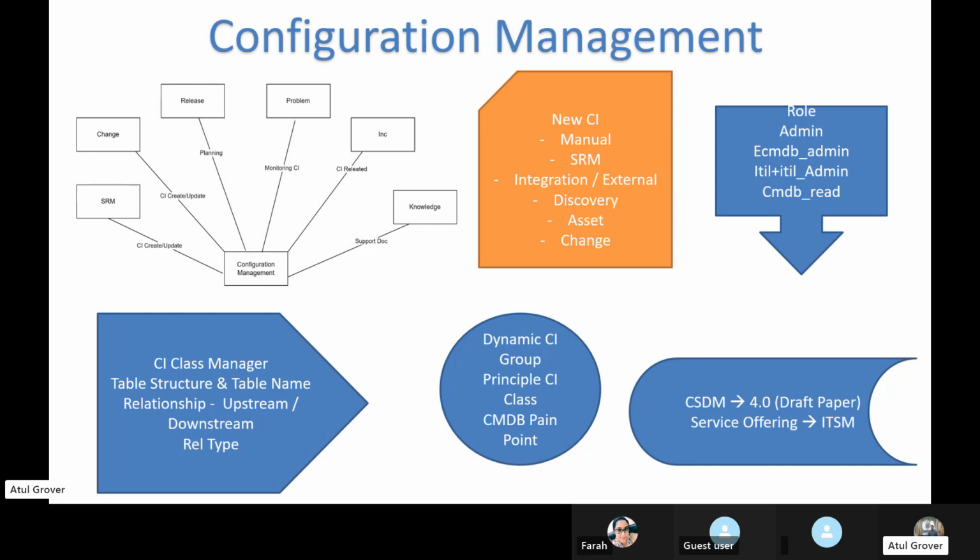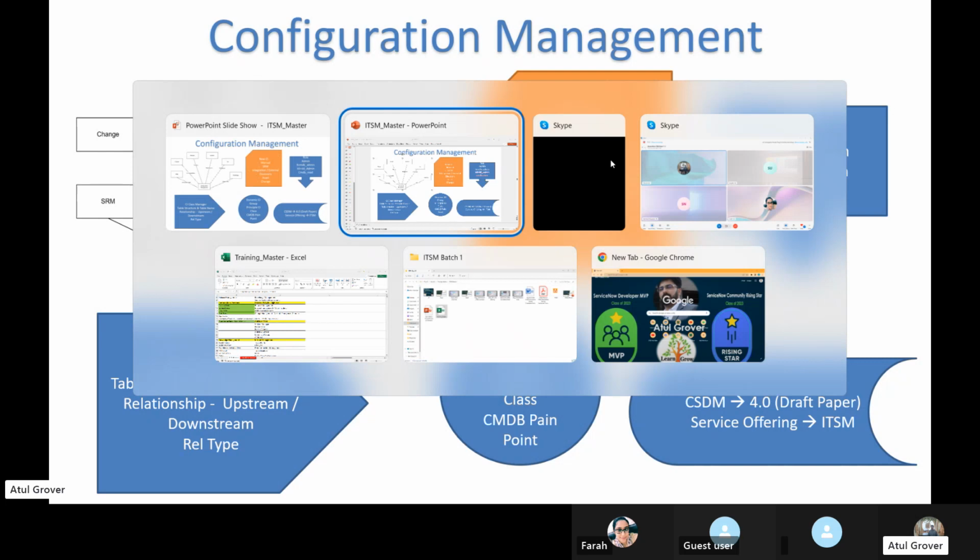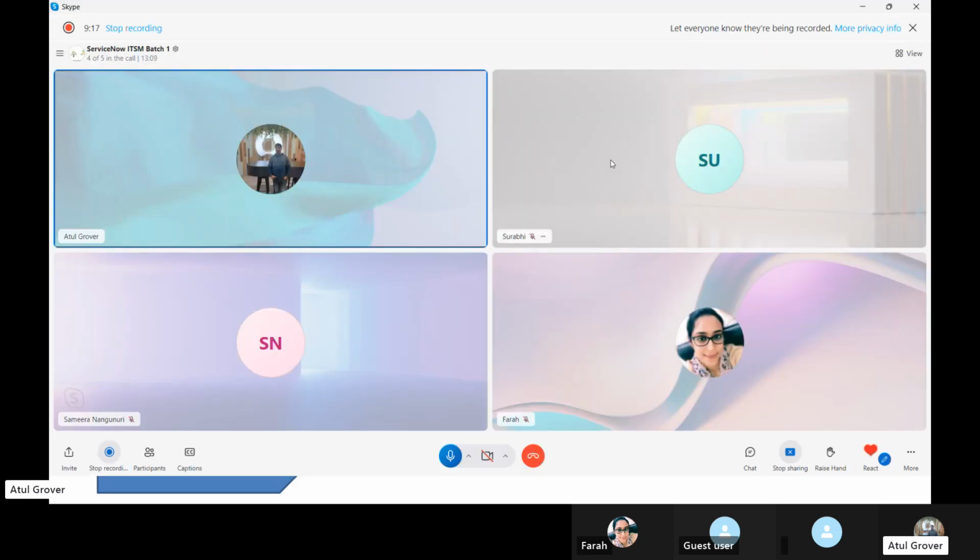Let me give an example to you again. Let's say Samira has a car in her house. Is it an asset? Yes, Atul, it's an asset because it's my car.